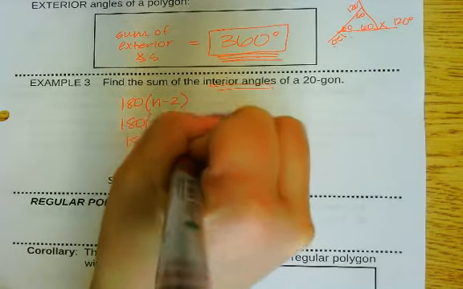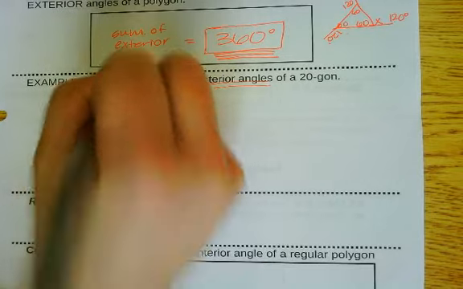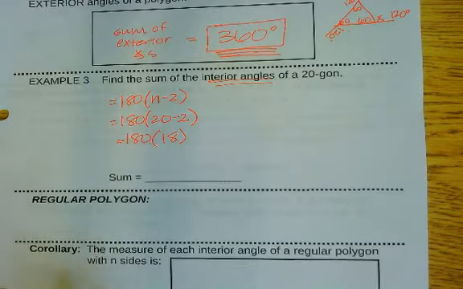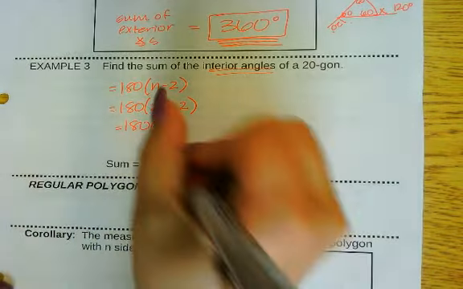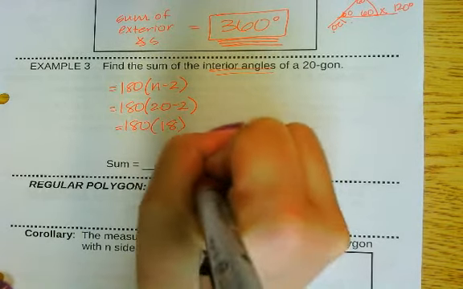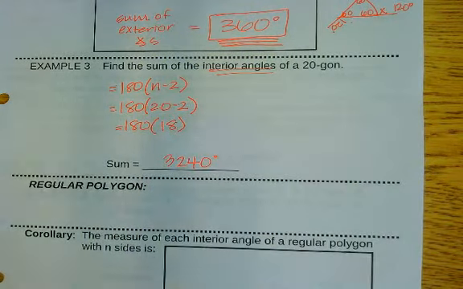You don't have to be in degree mode or anything. 3,240 degrees. So inside of a 20-gon, there's 3,240 degrees amongst your 20 angles.